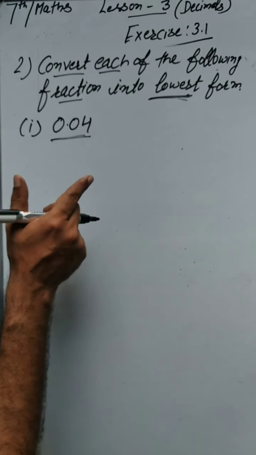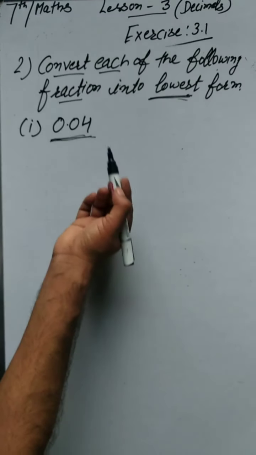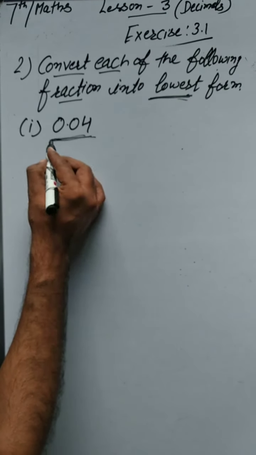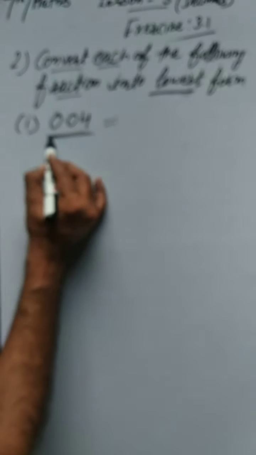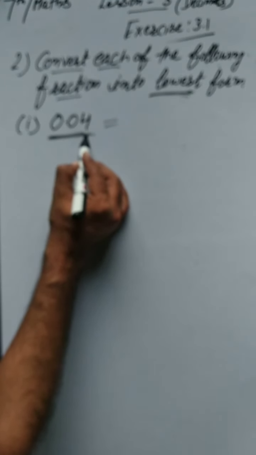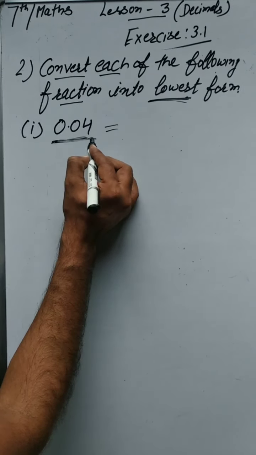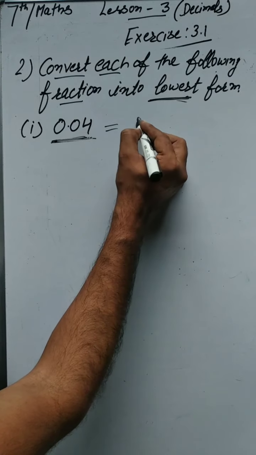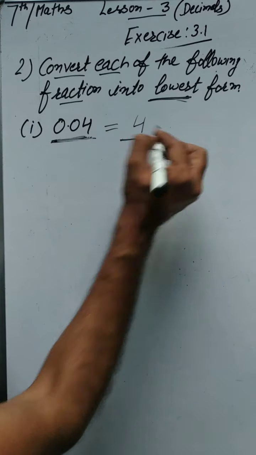In the first we changed fraction into decimal. Here decimal is given. We will change it into fraction. Now beta, while changing decimal into fraction, do the converse of the first question. Look, what is the number here? 4. Place the number as it is.